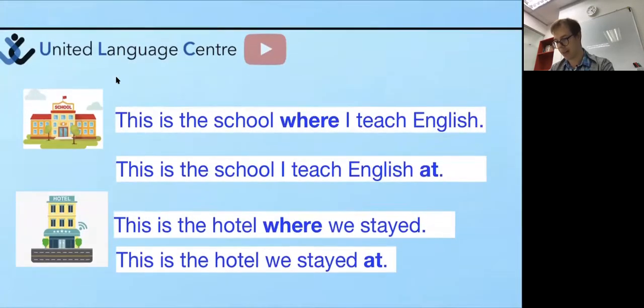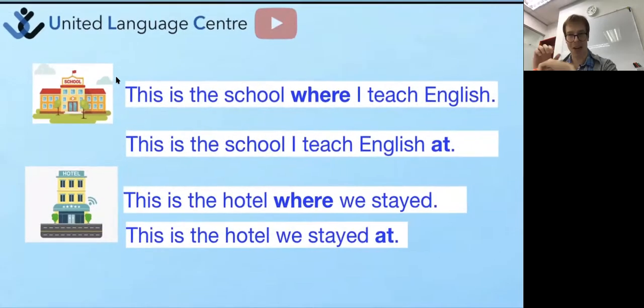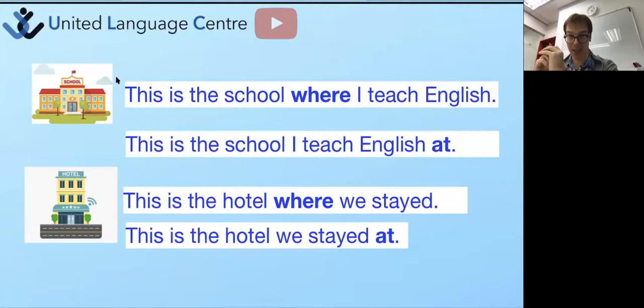Okay. And then I know we're almost out of time, guys, but a little bit more. The one more thing that you might see is the where. Sometimes we don't even put the where. Instead of using where, we add a preposition to the end of the sentence. So I'll say, where I teach at.